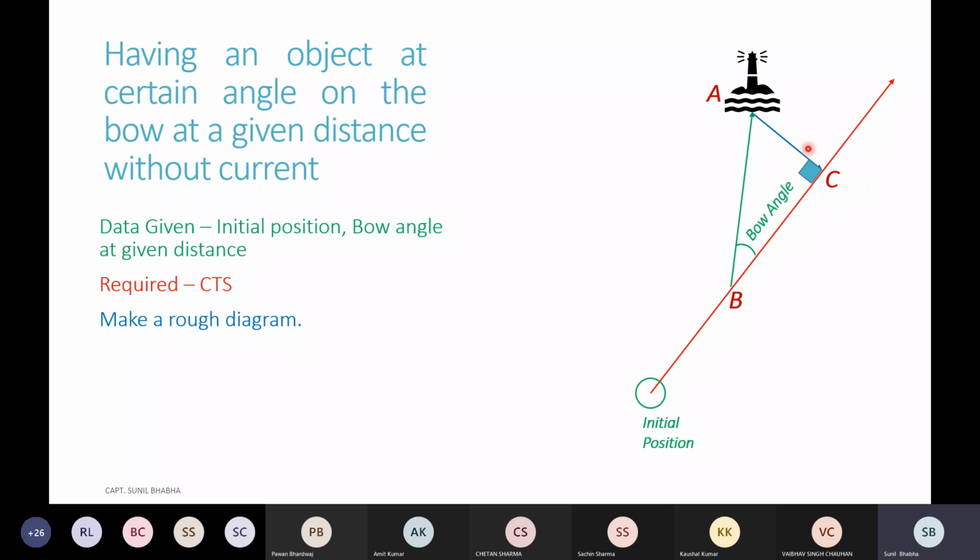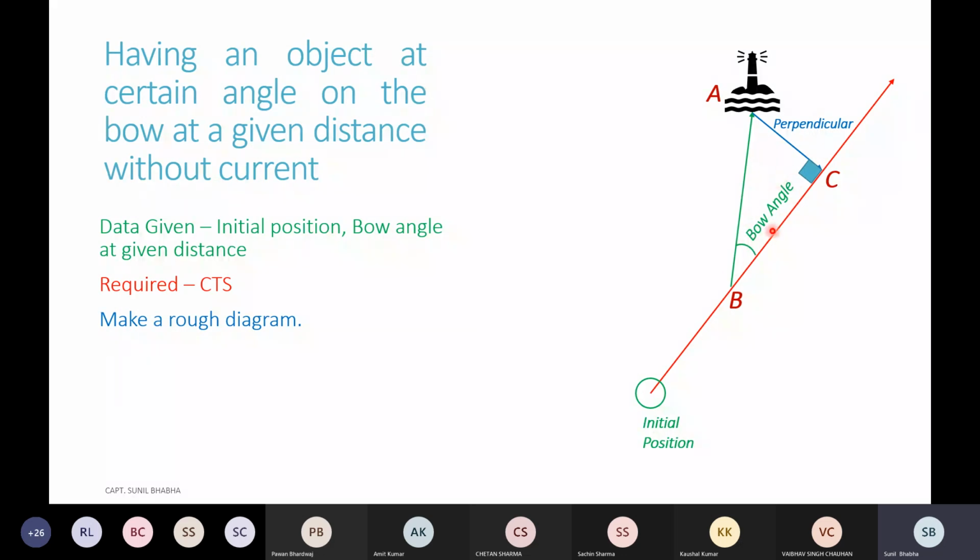Now you see in our rough diagram, there is a triangle, ABC triangle, and this ABC triangle is a right angled triangle. Angle C is the right angle. Now side AC is the perpendicular, considering angle Bravo, the bow angle.